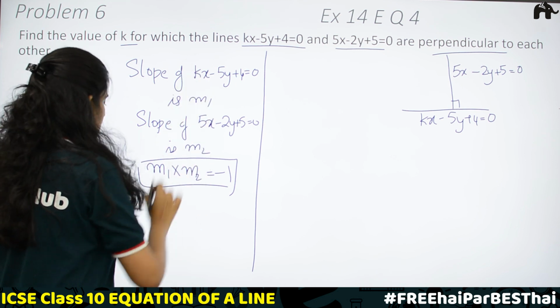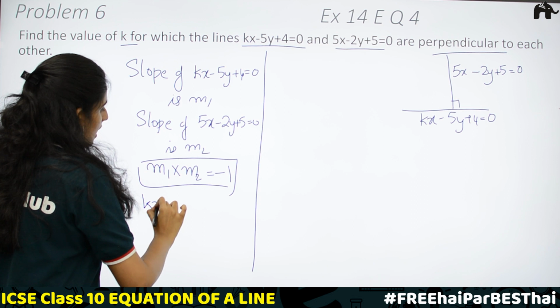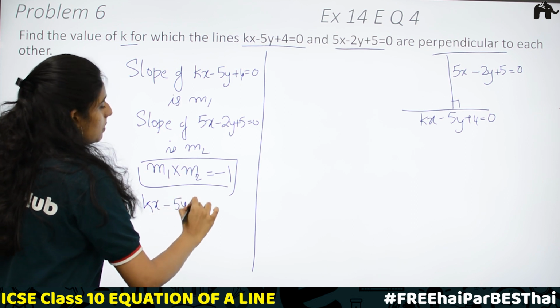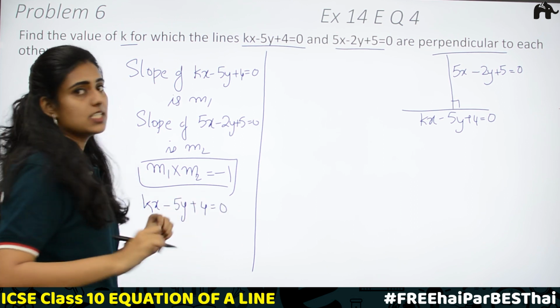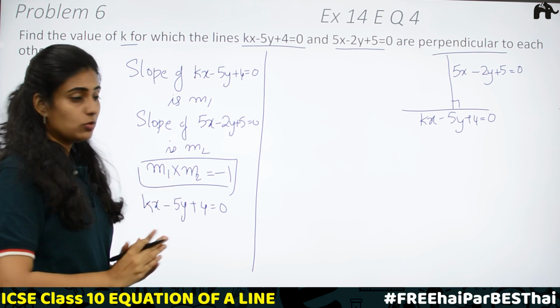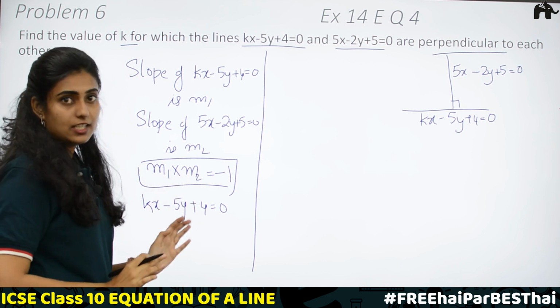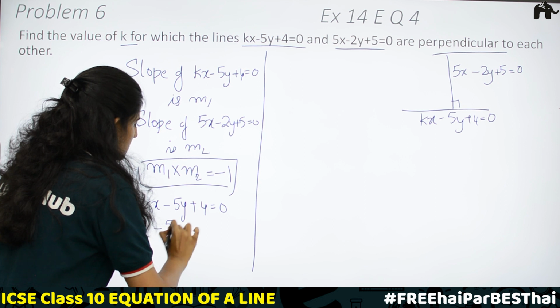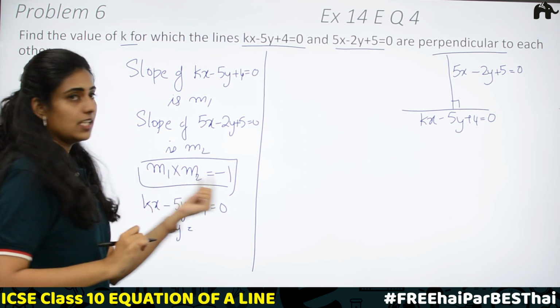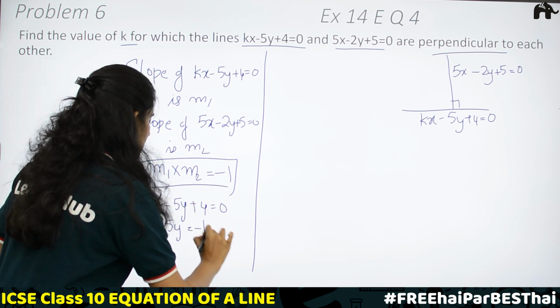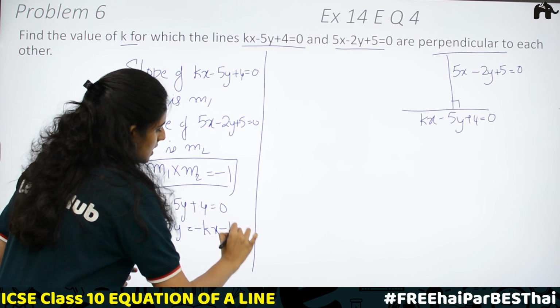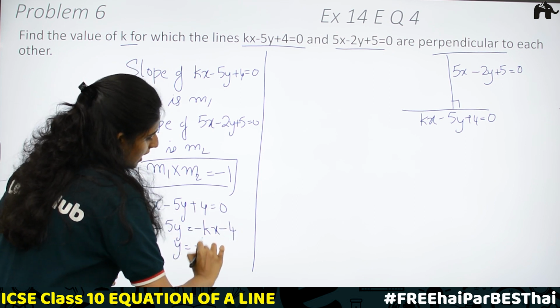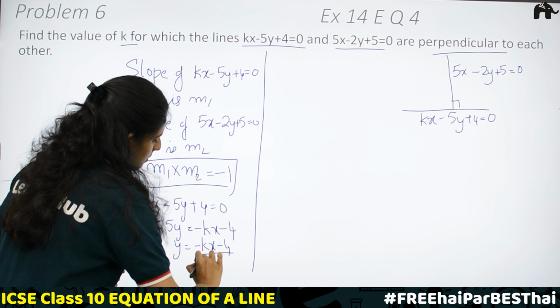Here, take the first equation, that is kx minus 5y plus 4 is equal to 0. To determine the slope, we have to keep the y containing term on the left hand side. Minus 5y is equal to kx taken to the opposite side becomes minus kx, plus 4 becomes minus 4. And y is equal to minus kx minus 4 divided by minus 5.